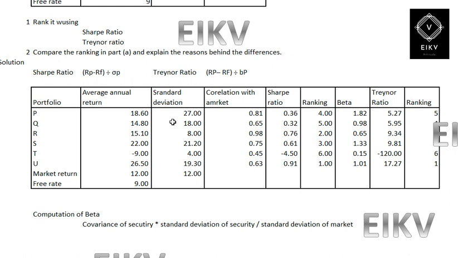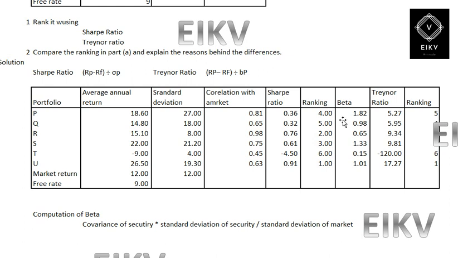The same way for Q it would be 14.8 minus 9 divided by 18, which gives you 0.76. And the same way you need to compute the entire section. Now we have the ranking.